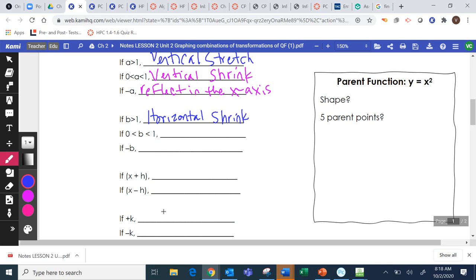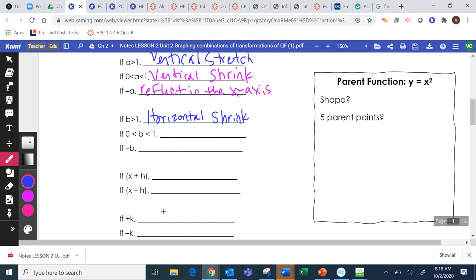And so if b is between 0 and 1, what are we going to have? If b is like a half, what happens when we pull it out and do the reciprocal of a half? Sophie, what happens when I reciprocate the number 1/2? It's 2.